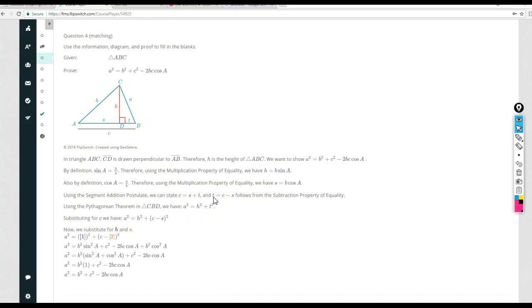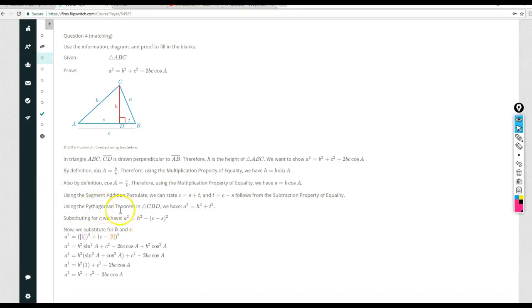And that t is going to equal c minus s follows from the subtraction property of equality. So they took this positive s and subtracted it from both sides in order to create this statement t.